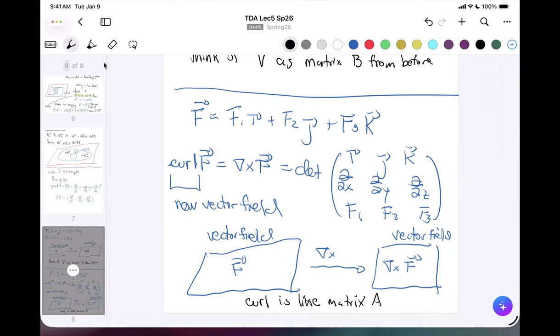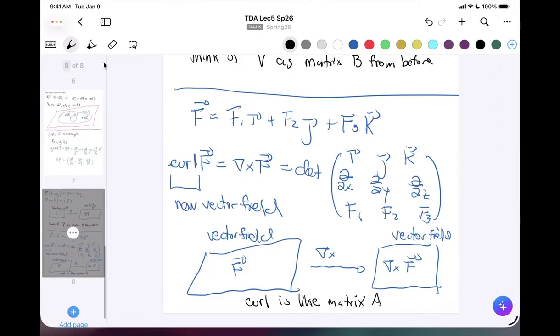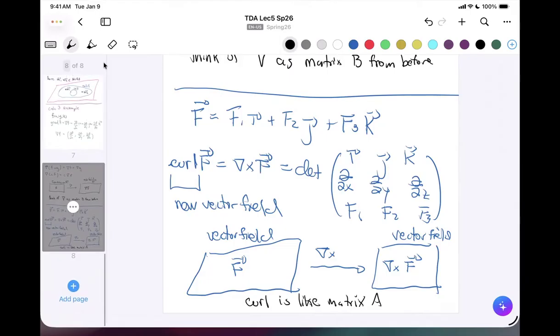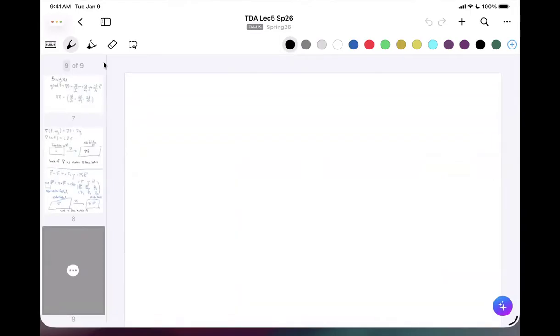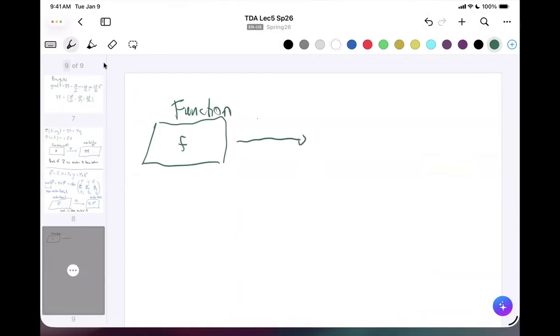Is that okay? Okay, and then I don't know if you see where I'm headed with this. Let's just put the diagrams together. So you could start with a function f.